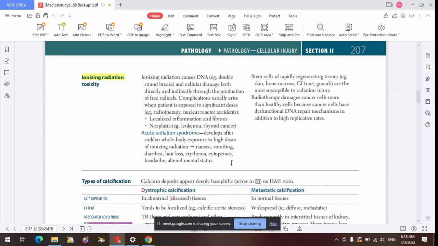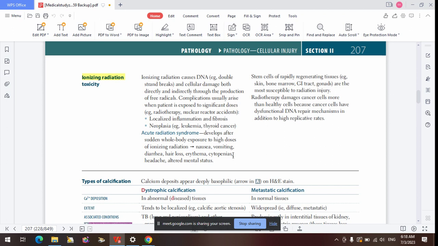There can be affectation of the bone marrow cells, which can cause thrombocytopenia, leukocytopenia, and anemia, so causing cytopenia. So once we see nausea, vomiting, hair loss, erythema following exposure to maybe a nuclear plant explosion or any radioactive accident, we know that's likely to be acute radiation syndrome.